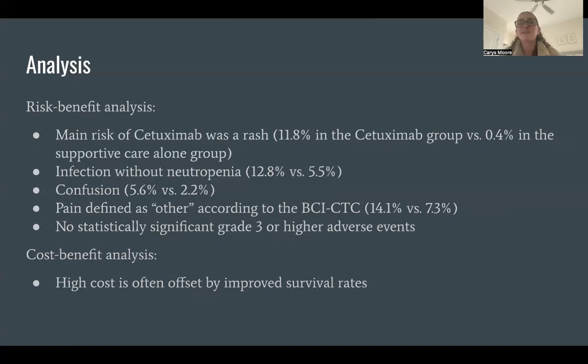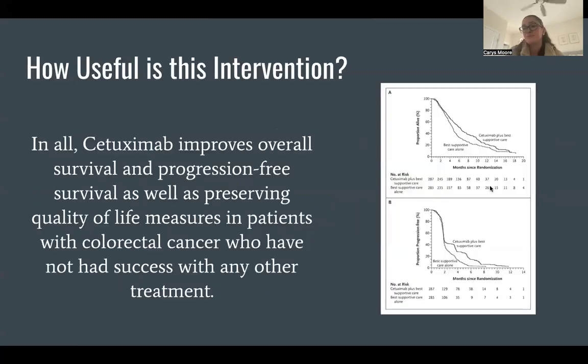And then pain, defined as other, was 14.1% versus 7.3%. However, there were no statistically significant grade 3 or higher adverse events. So cost benefit analysis: cetuximab is expensive, but the high cost is often offset by improved survival rates.